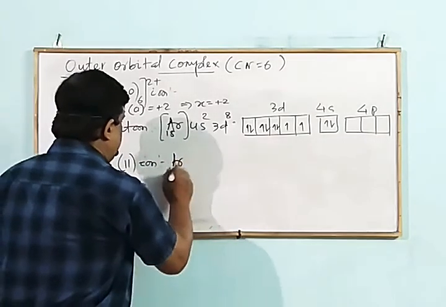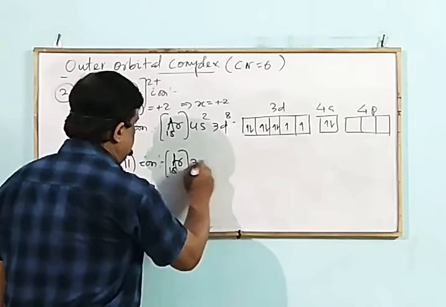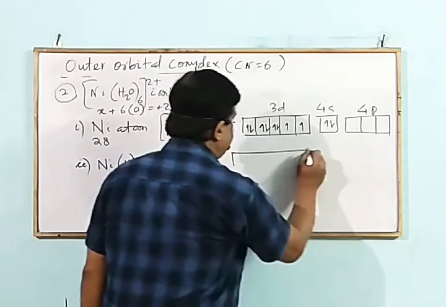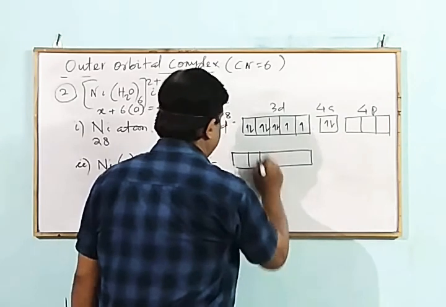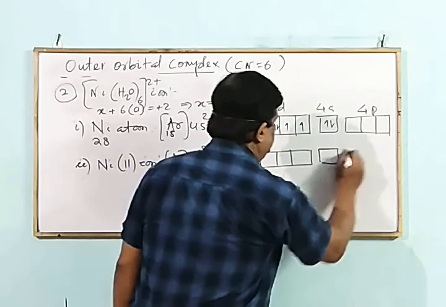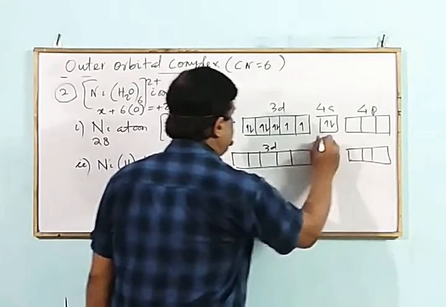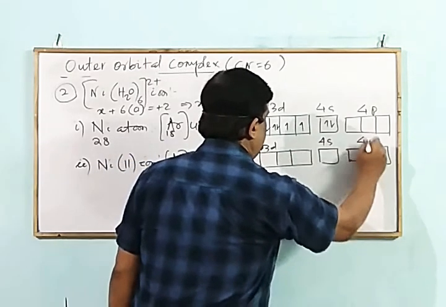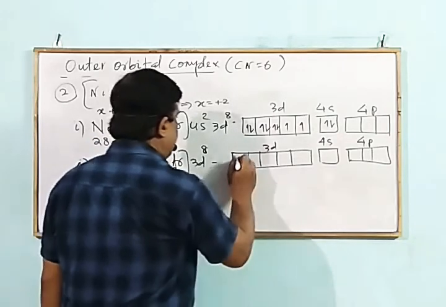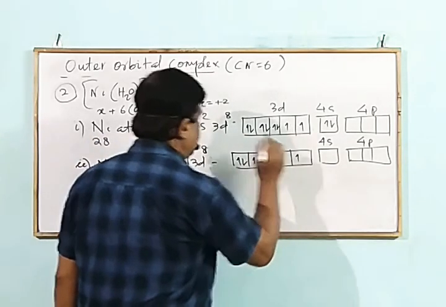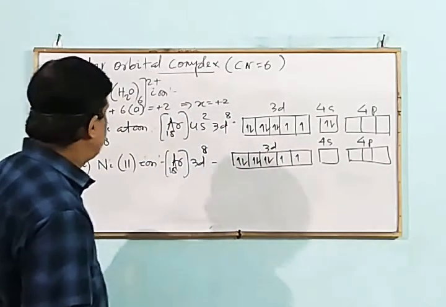The expected electronic configuration is argon 18, 3d8, and the box-like diagram is like this: 3d, 4s, 4p, 8 electrons, 1, 2, 3, 4, 5, 6, 7, 8. 2 unpaired electrons are there.